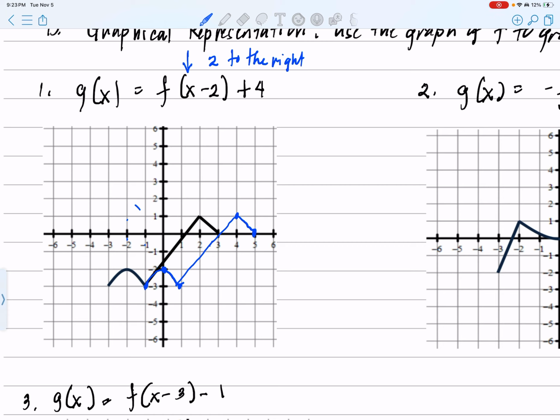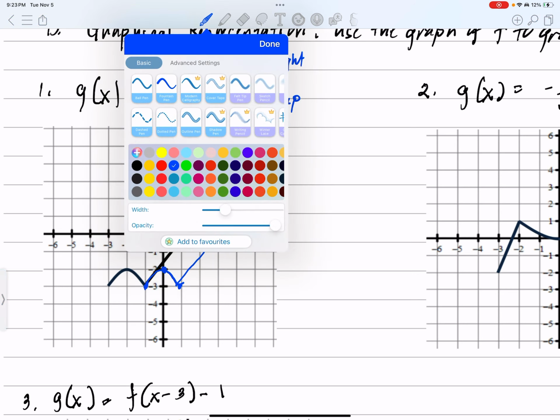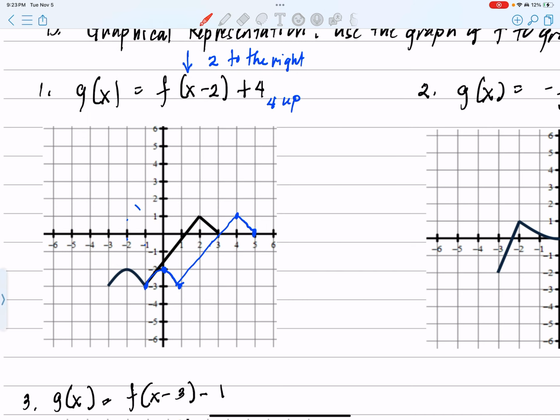And this goes up 4. That means this goes to 4. I will use another color here. From this 1, 2, 3, 4. This will go up 4, 1, 2, 3, 4.